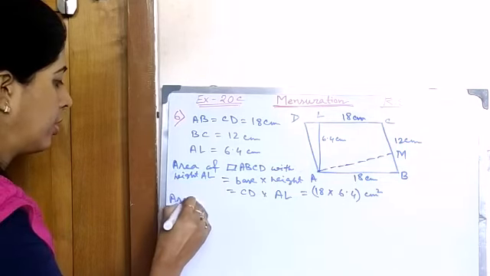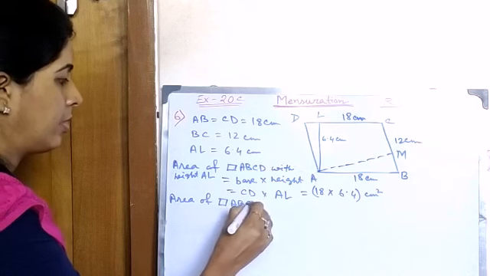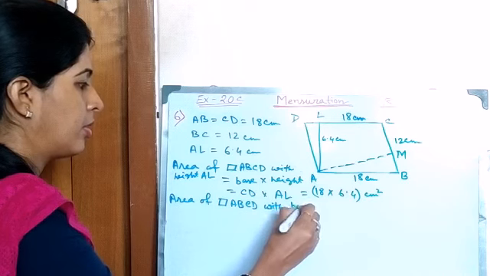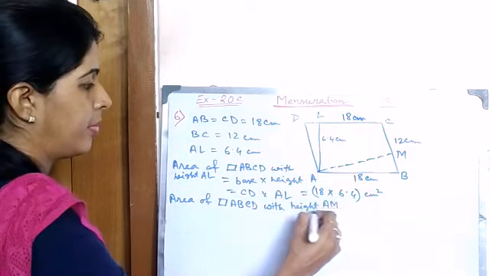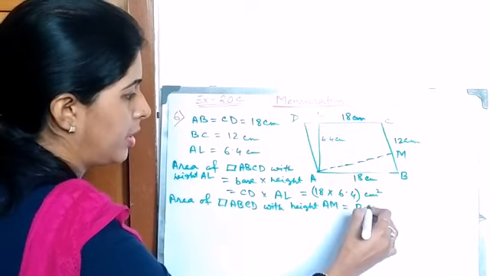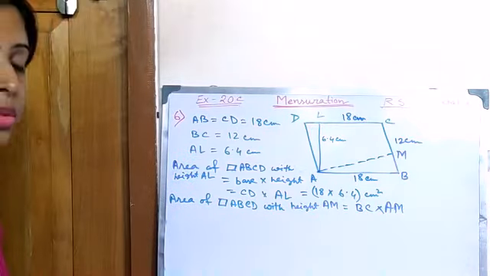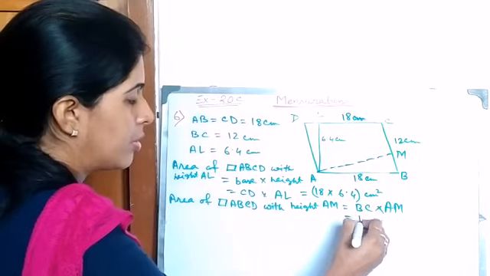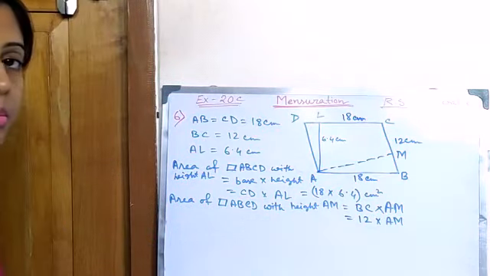Now area of parallelogram ABCD with height AM is base into height, that means BC into AM. Here we can only put the value of BC, that is 12 centimeter. 12 into AM, because we don't know the value of AM.